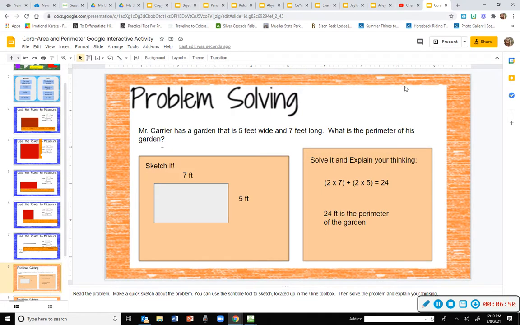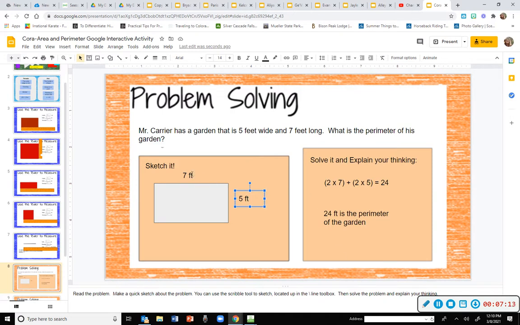Okay, now this one, y'all remember the garden one? It says Mr. Carrier has a garden that is 5 feet wide and 7 feet long. So she's drawn a sketch here and labeled it 7 and 5. What is the perimeter of the garden?